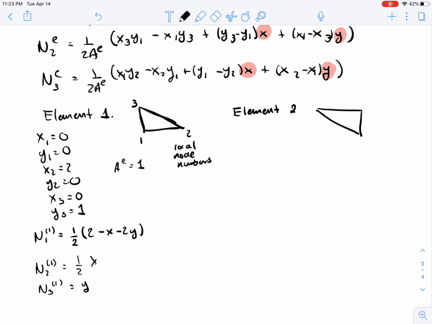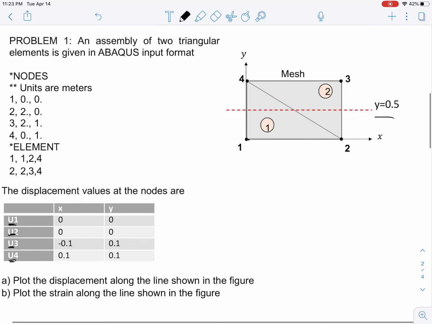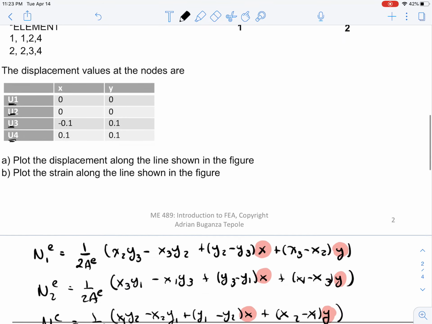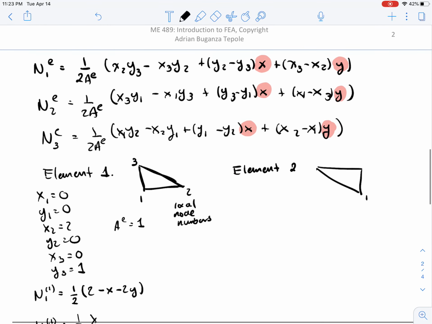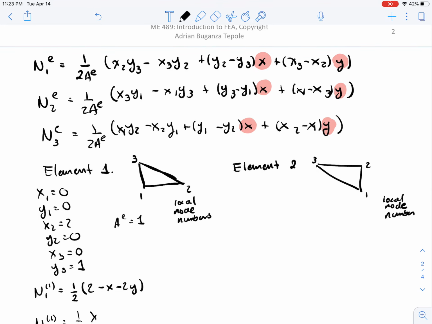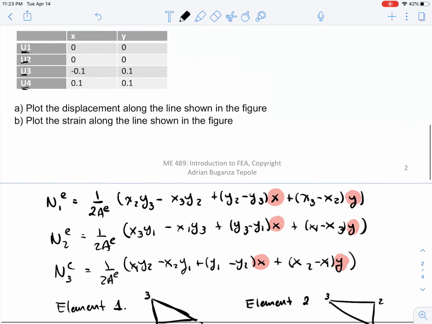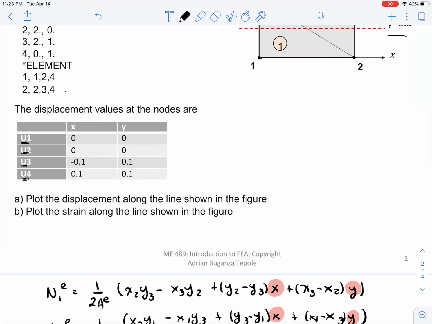For element 2, which is this element right here, the global node numbers are 2, 3, 4, but the local node numbers are 1, 2, 3. And these local node numbers are given by this connectivity.